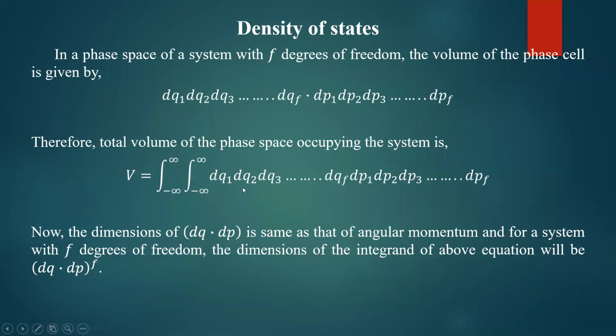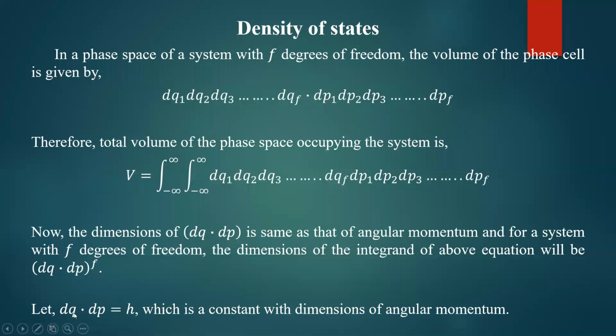First integrate dq1, then with respect to q2, then with respect to q3. Finally you will get the total dimension of the integrand, which will be dq into dp to the power f, because there are f position coordinates and f momentum coordinates. Taking the product, the dimension will be dq into dp to the power f.